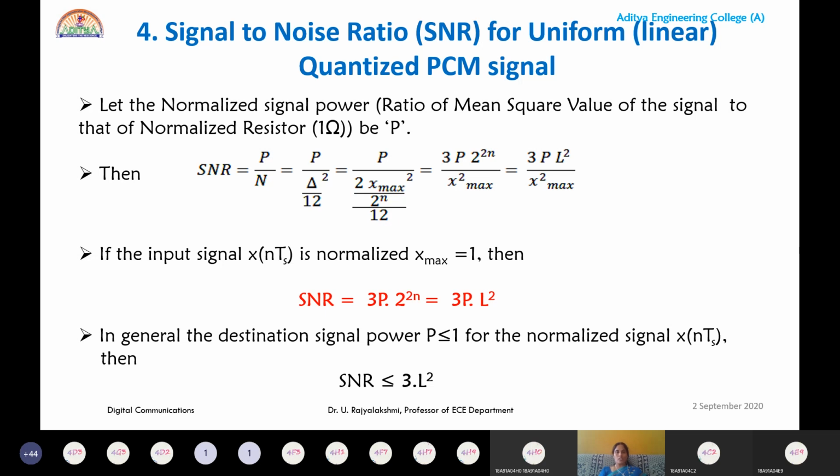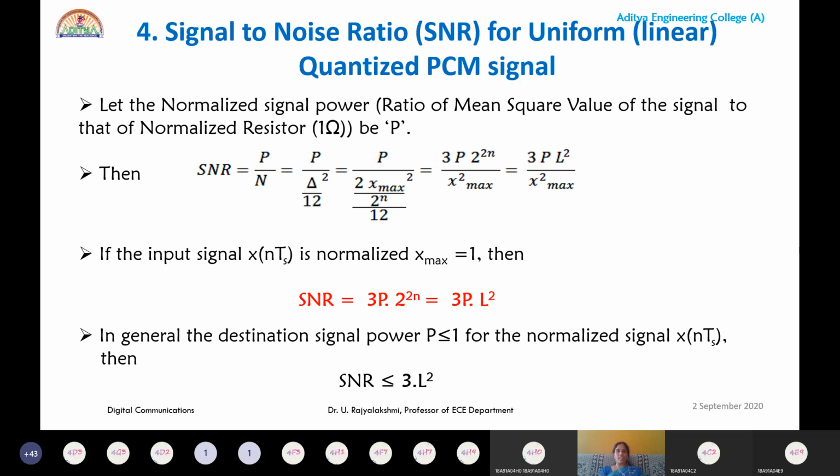When x max equals 1 under normalized input, it equals 3P L square, where L equals 2 power n. L is the number of amplitude levels or representation levels, which equals 2 power n, where n is the number of bits per sample.